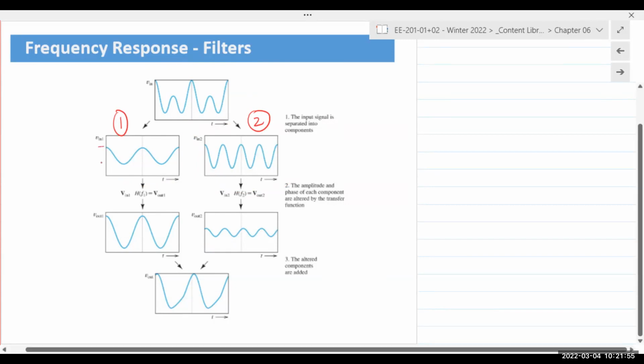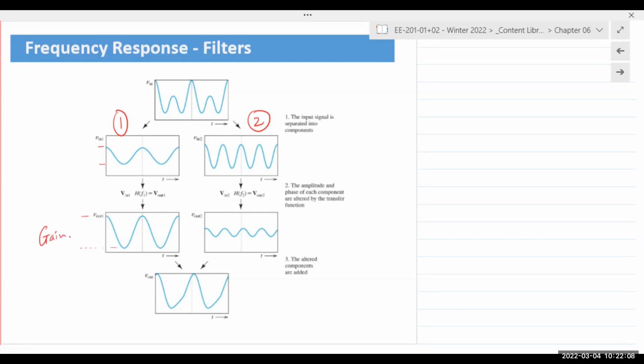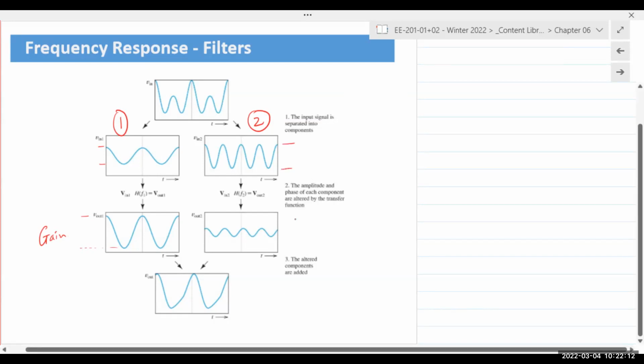Signal number one is actually going to be amplified. So there is a gain that is imparted, or increased in value, to signal number one. Signal number two, on the other hand, is actually smaller and so is now attenuated.